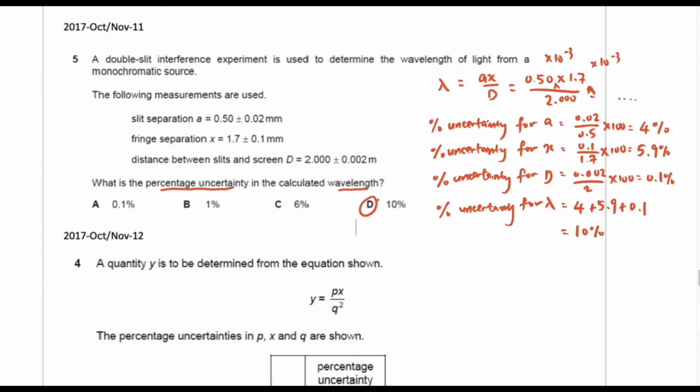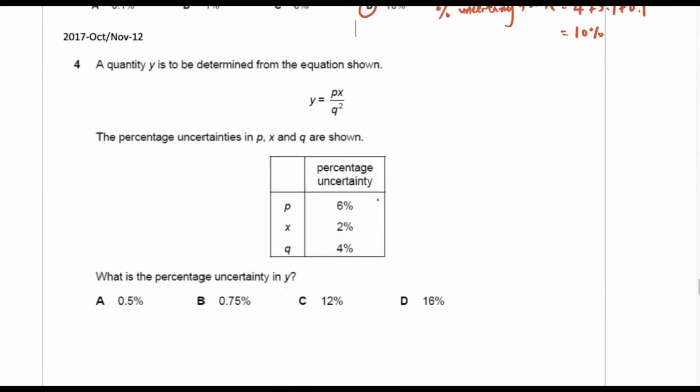Now let's see the next question. This question involves a square. They give us the percentage uncertainty straight away, so it saves our effort in doing all that formula. When they are multiplying and dividing, we need to add up the percentage. But if there is a square, we need to times it by 2.